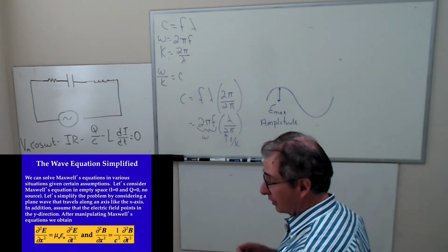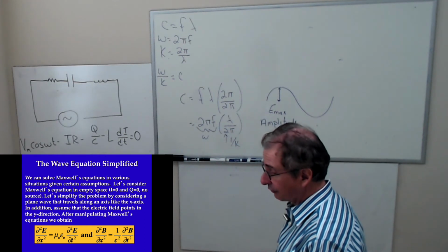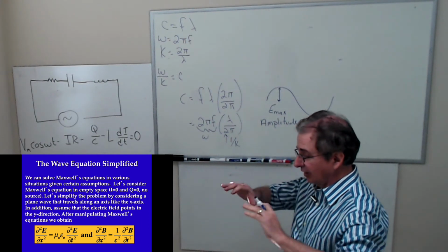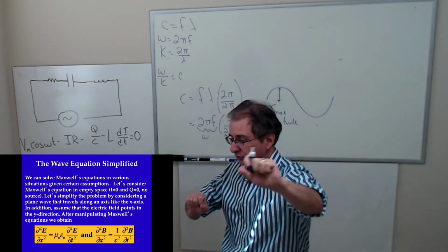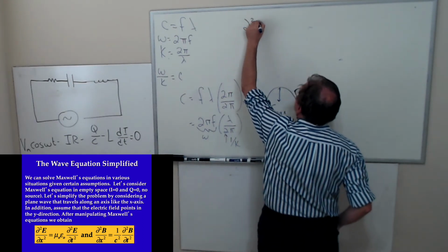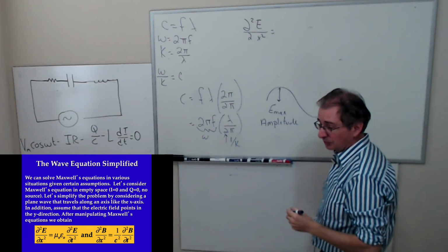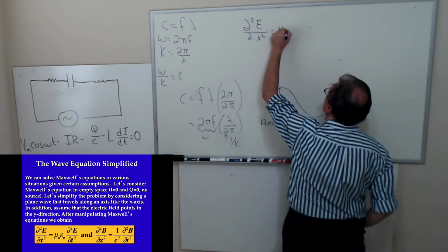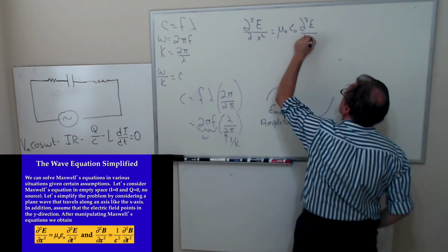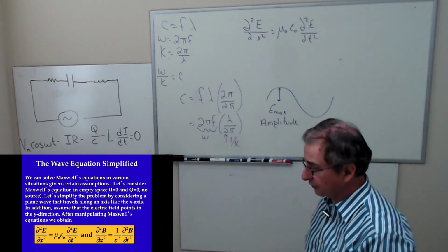Now, where do those plane waves come from? They come from solving Maxwell's equations. If you manipulate Maxwell's equations when you're really far away from the source, you get an expression that looks like this. And we're doing this problem in a one-dimensional world. And you get similar equations for the magnetic field.